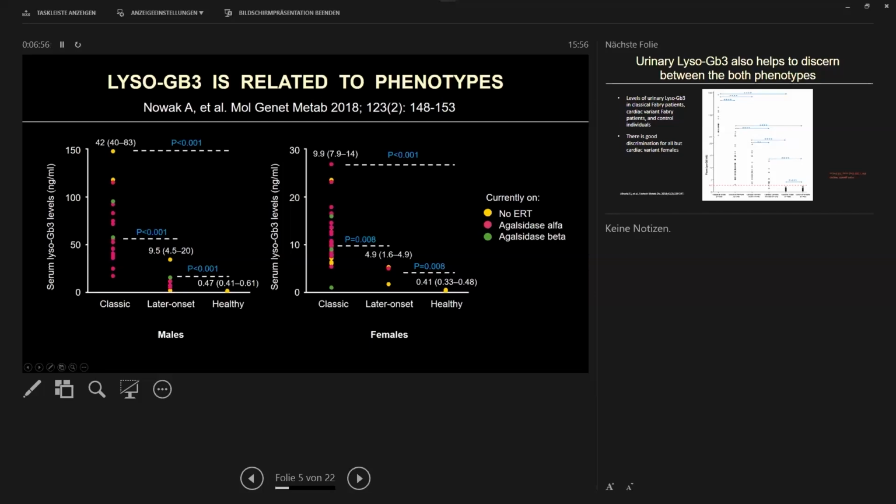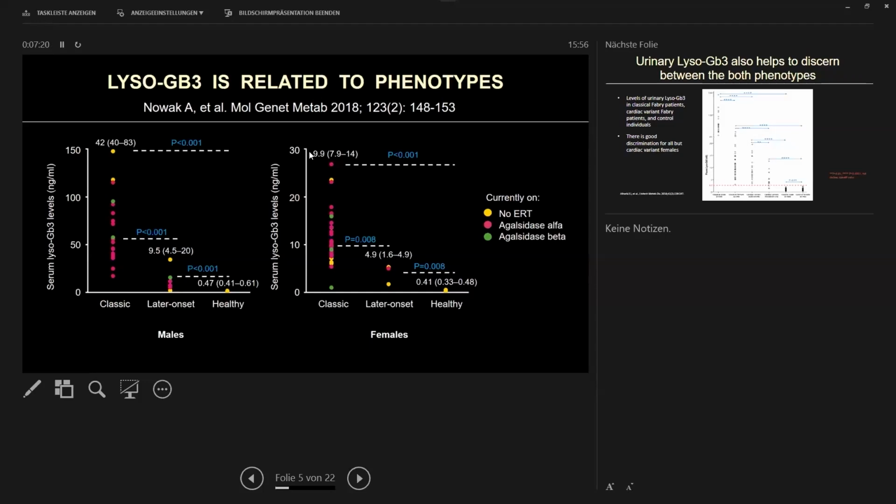And as you can see, in the classic males, the Lyso-GB3 levels are particularly high. And then you have here the males with a later onset phenotype, and these are the values in the middle. And of course, in healthy controls, we have very low Lyso-GB3 levels.